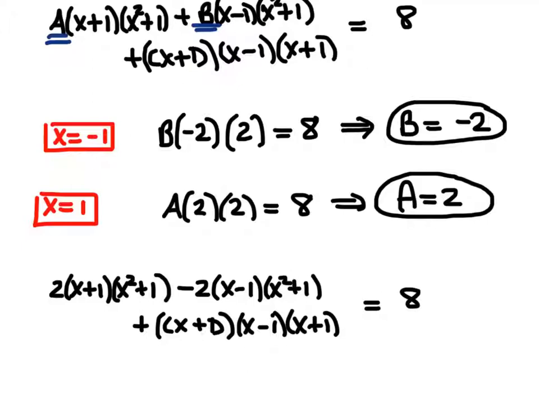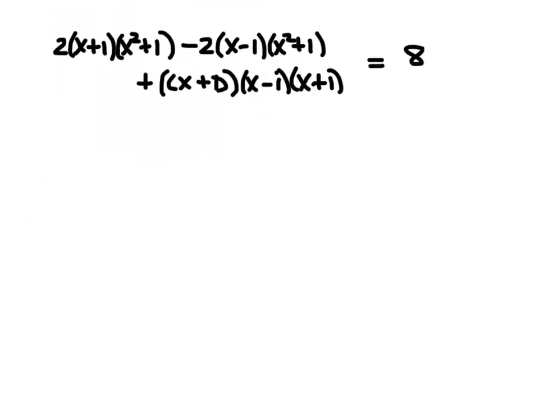So with our new equation here, I'm targeting C and D, so I'm going to choose x to be 0 so that I can target D in particular. And plugging x to be 0 into this entire equation, we see that the C term is going to cancel out, and we're going to be left with the following.